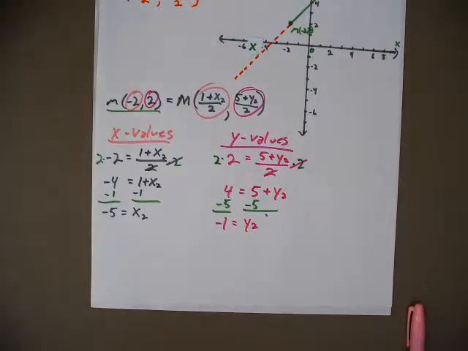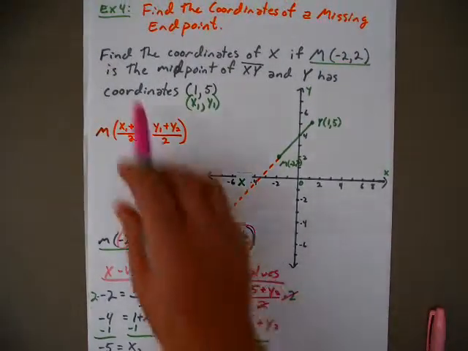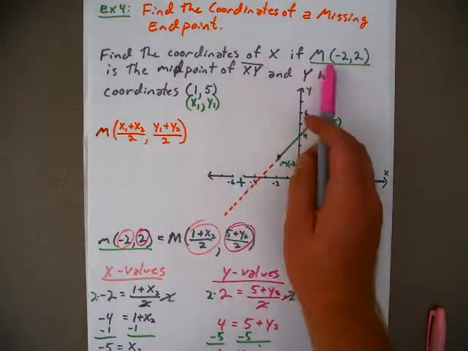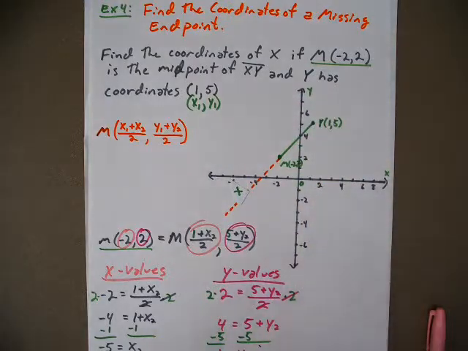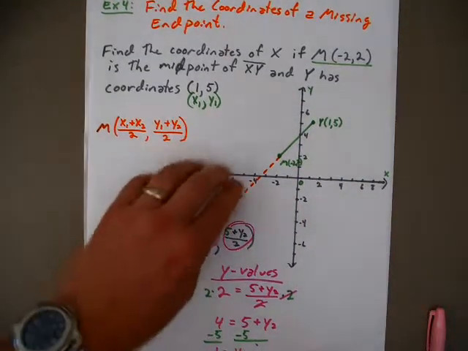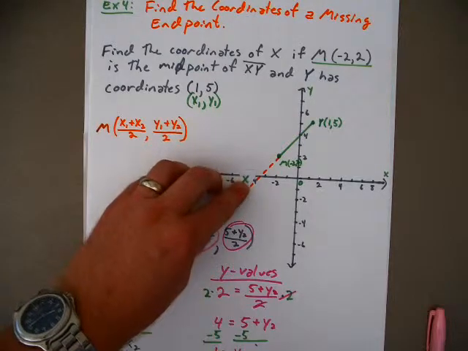Okay, so after that we have to sort of remember what the question is asking. So let's take a look. It says, find the coordinate of x if we're given the midpoint of XY, and they give us Y. So what I found is this third coordinate, or our endpoint.